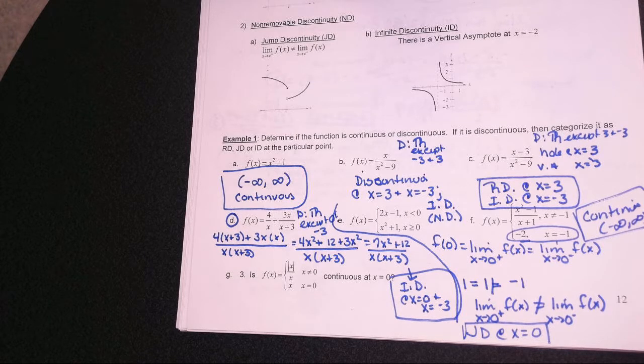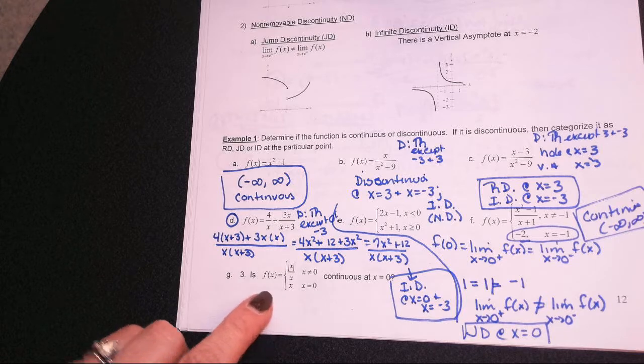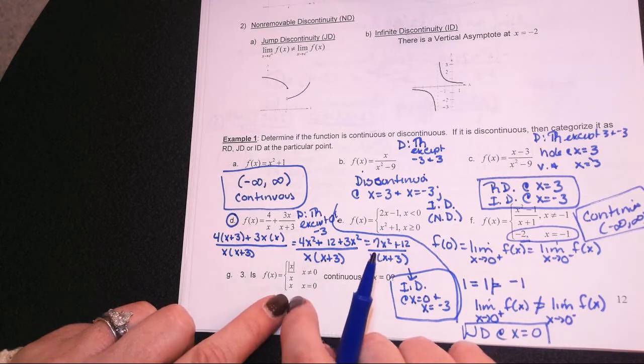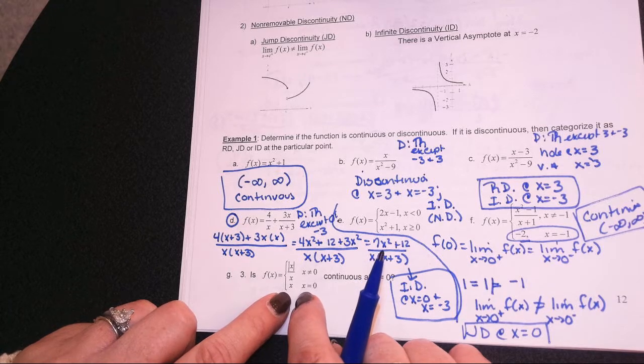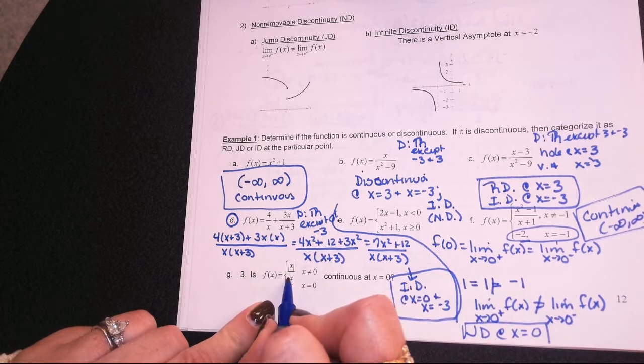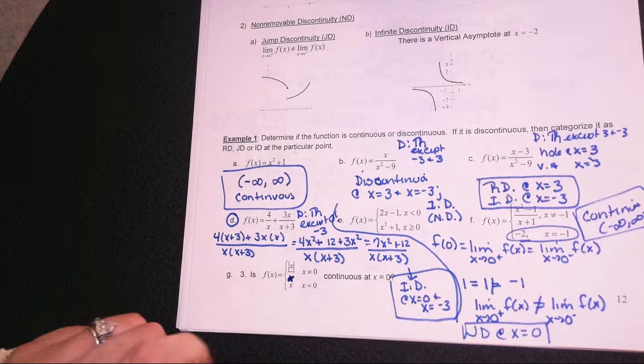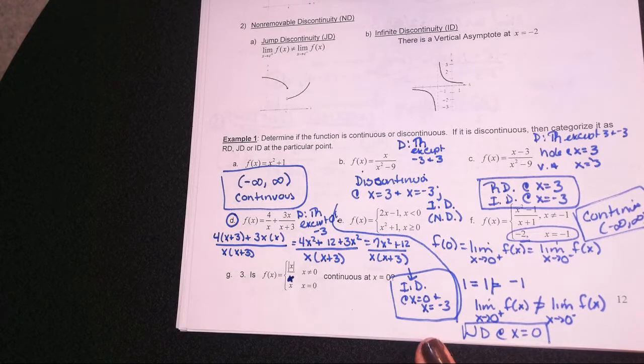All right, so let's look at G. Again, it's another piecewise function. It's the absolute value of x over x, and again, x isn't equal to 0, and then they're giving you this other defined value at x equals 0. We want to know if it's continuous at 0. So am I continuous at 0?